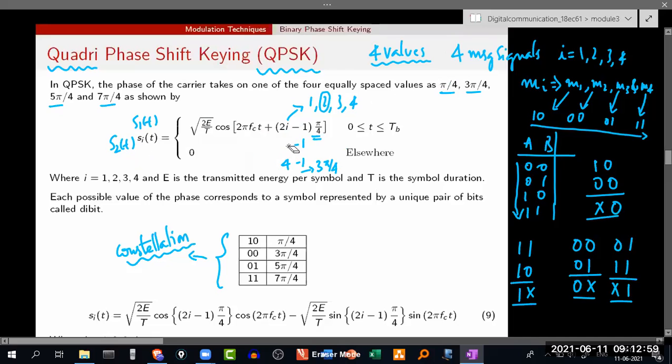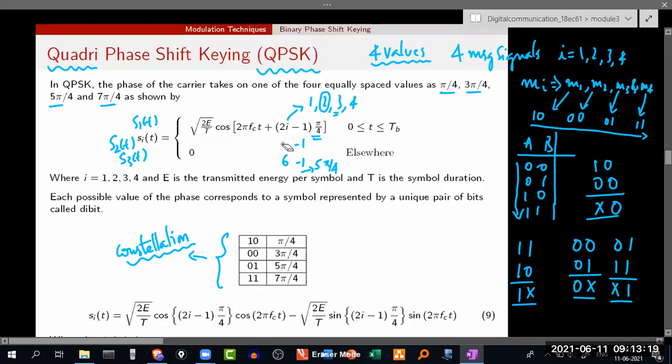Likewise, for my next i value, that is 3, I'll have 2 times 3, that is 6. 6 minus 1 in turn is 5 pi by 4. So for the third signal, the phase value is equal to 5 pi by 4.